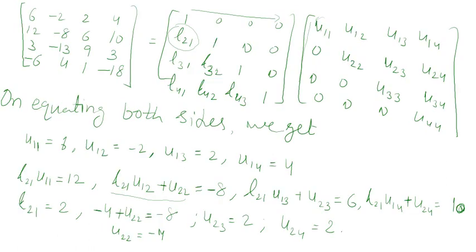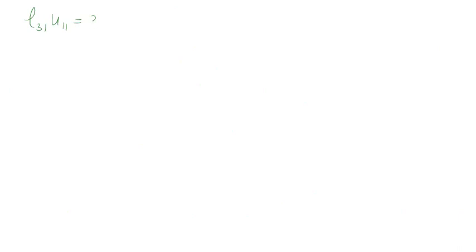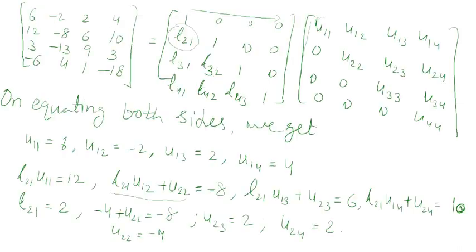Now similarly from the third row, if you compare, L31 U11 equals 3.